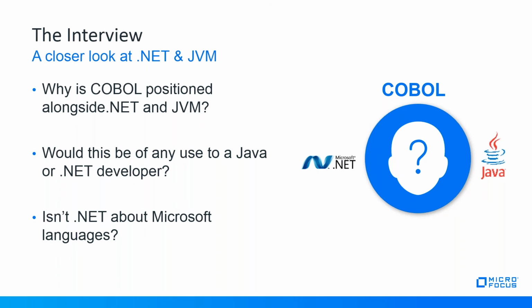So both these managed platforms have been used really as a basis to develop new languages. So no, I don't think they are just about Microsoft languages, or in the case of the JVM, just about Java. No, indeed. They're kind of platforms in their own right, agnostic for many other languages.